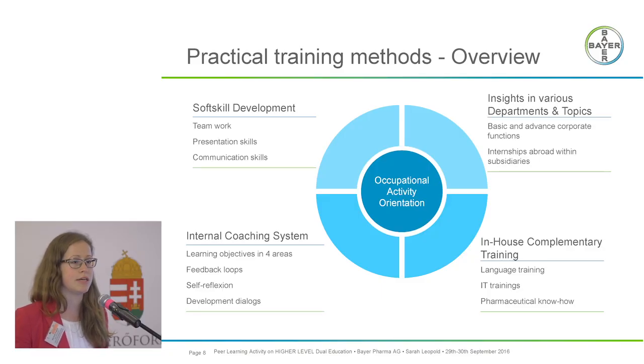Also, they receive IT training, especially in the beginning when they're fresh out of school. Sometimes they're not that used to Excel, and this is pretty important for the working environment. So we especially train Excel in the beginning, so they get used to it.